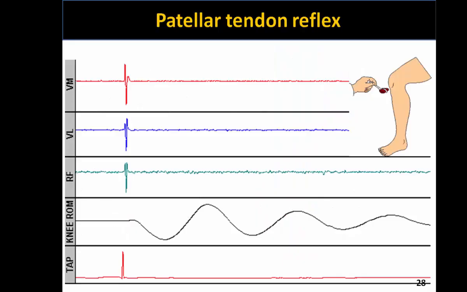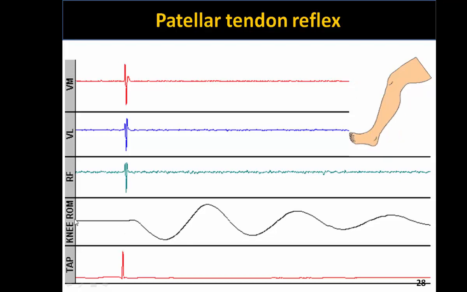And so this is a tracing of an EMG signal during a reflex test. On the very bottom, we see what's called the tap. This was generated by a force hammer, and so this tells us that the force hammer hit the patellar tendon.